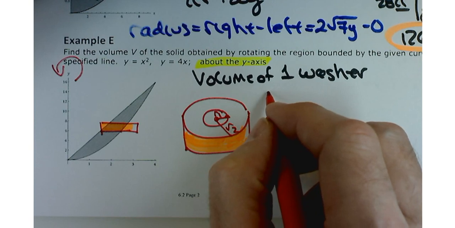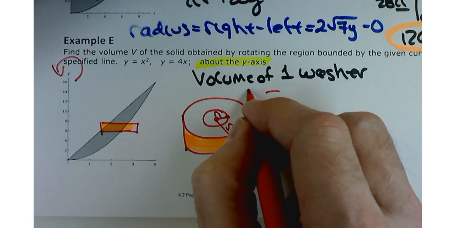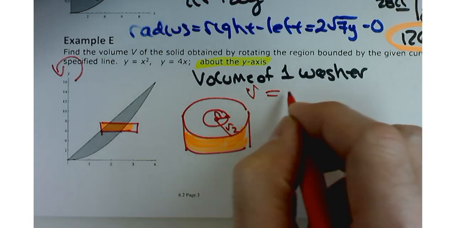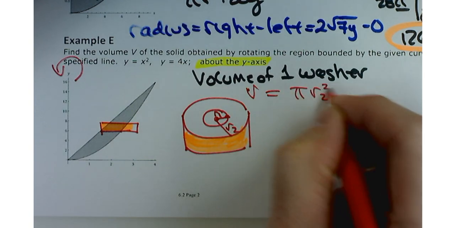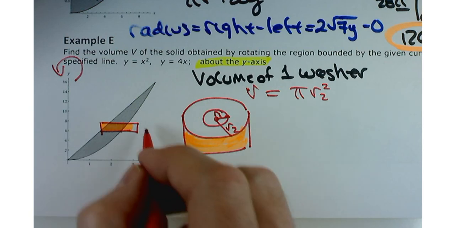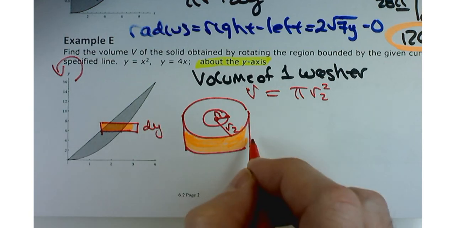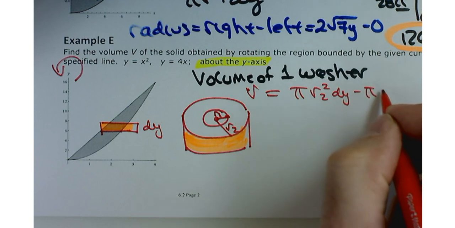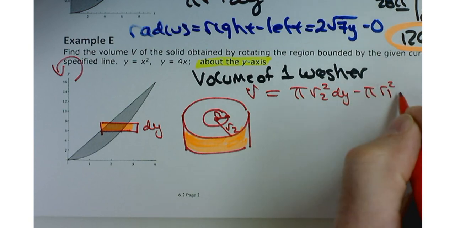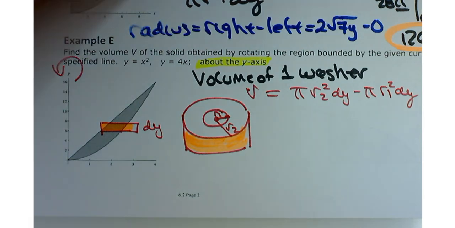Now I don't think it's really worth your time to copy it down, but it's up to you. So the volume is going to equal pi r2 squared times the thickness, which is dy, minus pi r1 squared dy again.